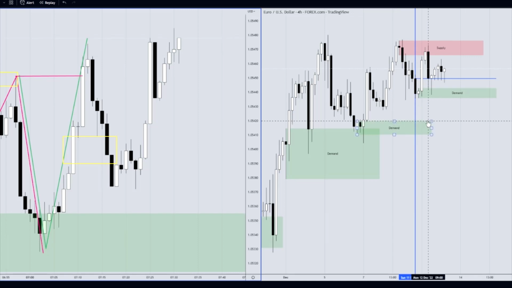I've never looked at supply and demand this way before, but the candle here formed the demand, at least on the 4 hour, and it's a concept of basing candles that I've never looked at before, but makes a lot of sense when you dig into it.